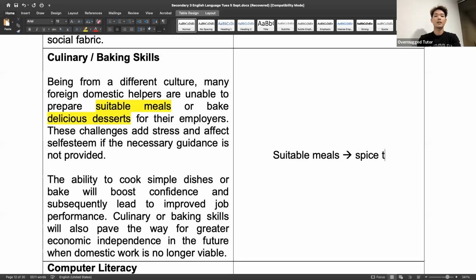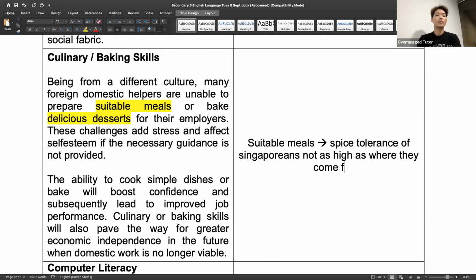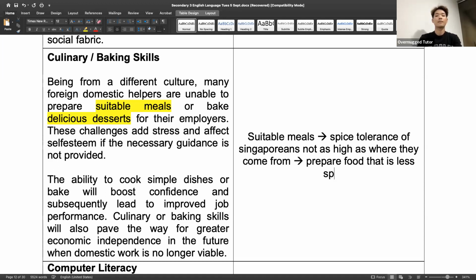Spice tolerance of Singaporeans is not as high as where they come from. So they may have to prepare food that is less spicy. I cannot think of any food that is less spicy, but if you can give an example, that would be the best. Okay, that's one. Maybe a less spicy version of curry.